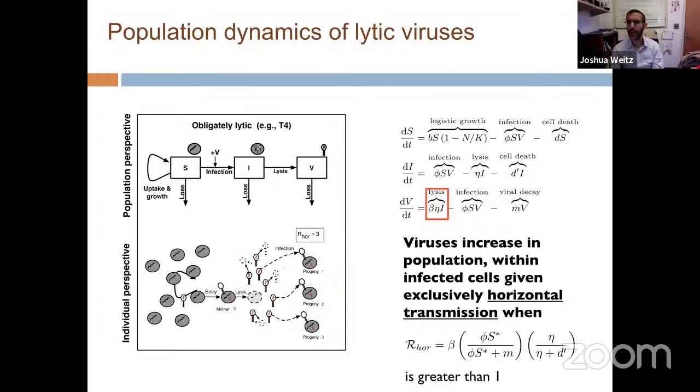And this is nothing other than, as I mentioned before, searching for a positive eigenvalue of this otherwise stable system in the absence of viruses, but unstable given a small introduction of viruses. You can see here viruses should increase in population using exclusively horizontal transmission, only through the lytic pathway, whenever this criterion is met.